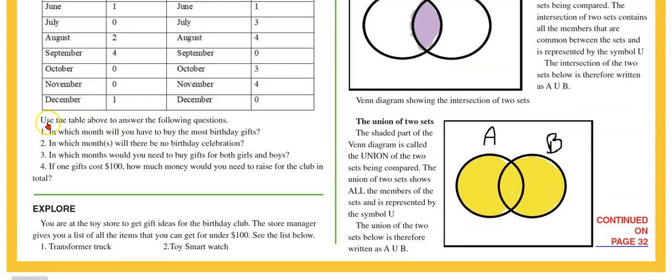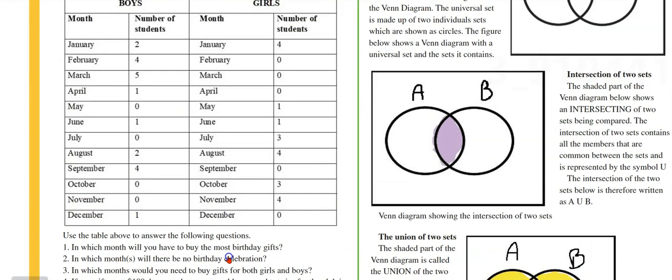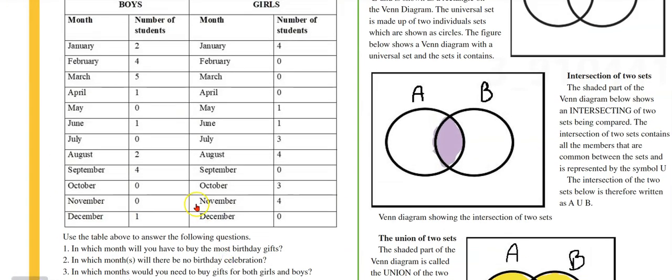It says, use the table above to answer the following questions. In which month will you have to buy the most gifts? How would we work that out? Would we need to add this way? So for January, 6 gifts. February, 4. March, 5. April, 1. May, 1.